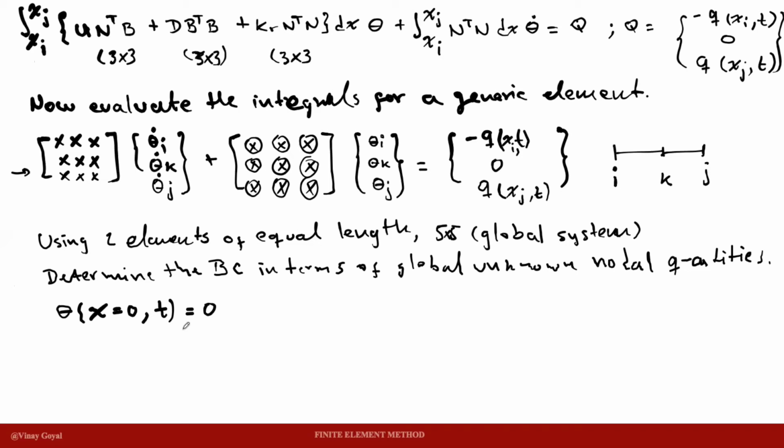Okay? My natural boundary condition tells me that the flux at x equals L, so the right end of the domain, is equal, for all time t, to q bar. I mean, there is some value, but I'm just representing this value by q bar.